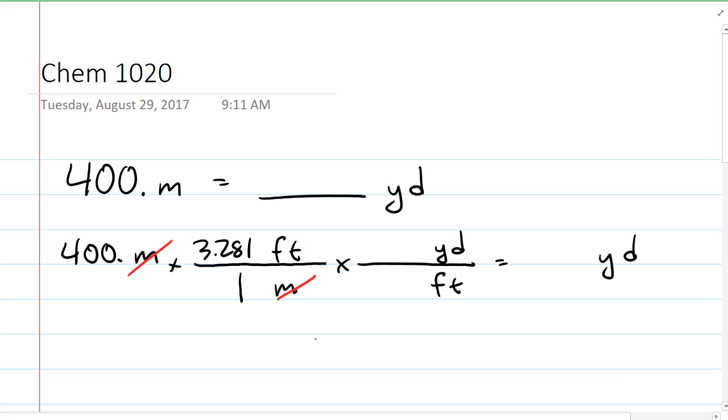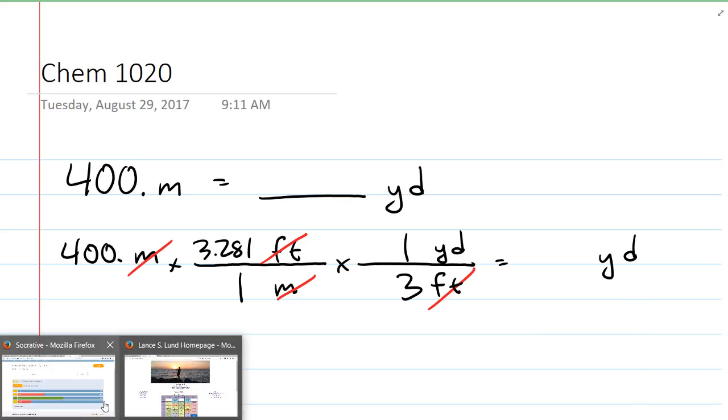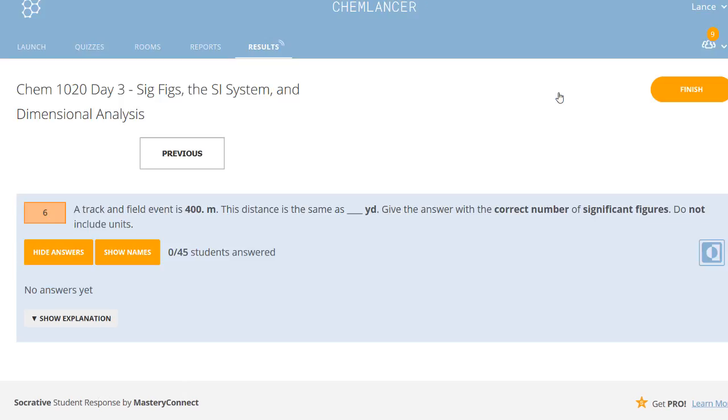And it shows us that 1 yard is 3 feet. So where does the 1 go? On top. The feet goes on the bottom. Units cancel. Let's run that through and plug in your answer into the Socrative app, and that is our day for today.